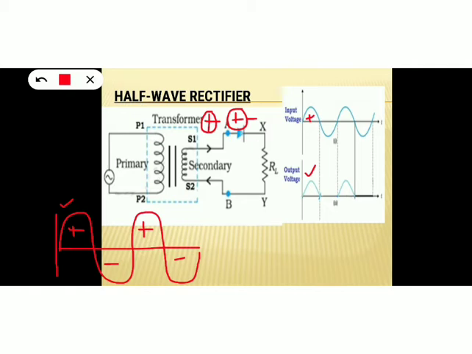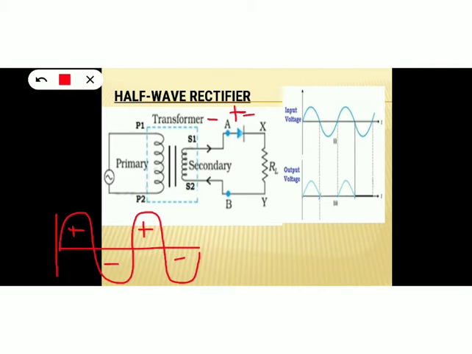Now, after the positive half cycle comes the negative half cycle, isn't it? And during the negative half cycle, point A will be negative with respect to B. So let's check that. Here the negative of the AC voltage goes to the positive of the diode, and that means the diode is reverse biased now.